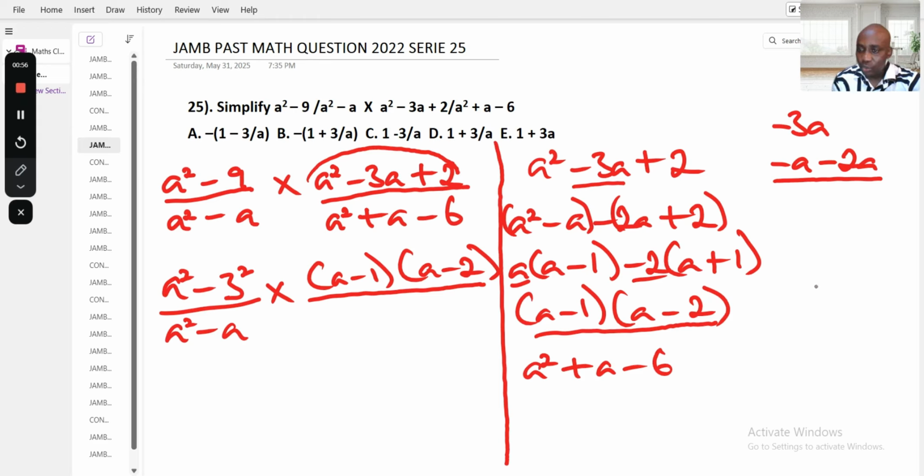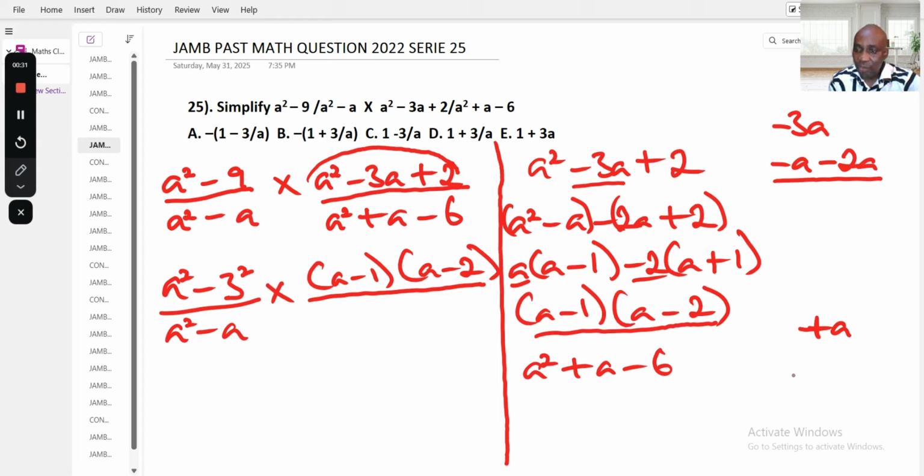The two numbers we have are 3 and 2. We're supposed to use 3 and 2. The two numbers that we multiply together to give us 6, and when we subtract or add, it's going to give us 1a.